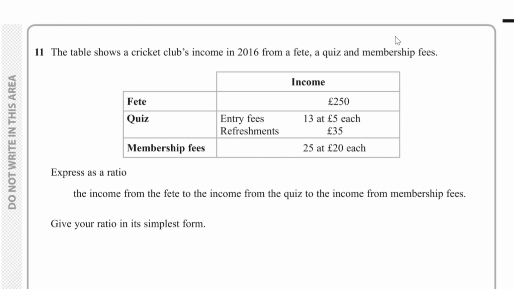So we want to find the ratio F to Q to M. So if we think about what F is equal to, we get £250 as our income. For the quiz, we get 13 times 5 plus the 35.